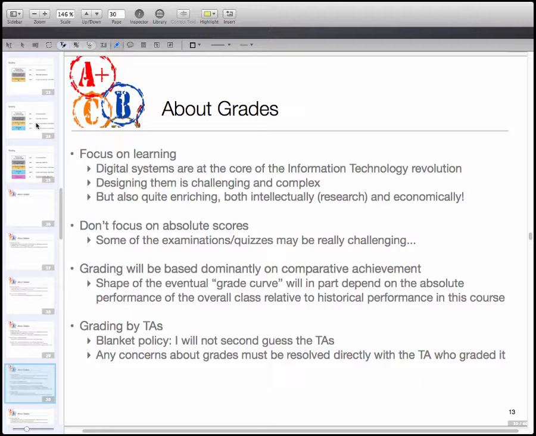Only if there is still some lingering snafu would I come in. But generally, TAs are very competent senior PhD students. They know as much about this topic as I do. So I'll respect their judgment in this regard. So your first line of defense in case of any problem with grading is to go to the TA who graded it.